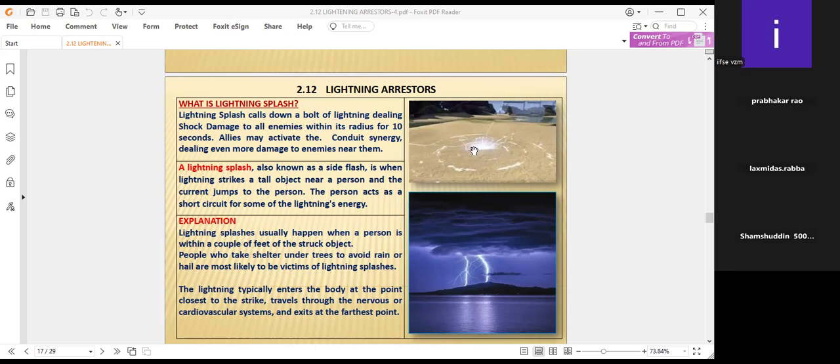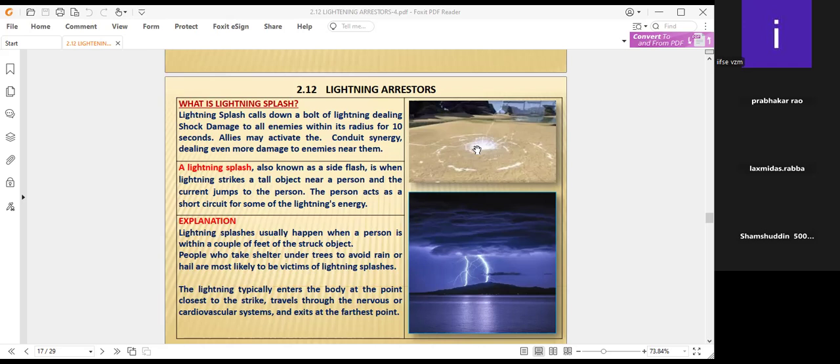It reaches the ground within seconds only. Because the lightning arresters are there, they take the lightning, dissipate the energy and lead the leakage to the earth. That's why the damage will not take place. But in the remote areas, this much radius will be covered depending upon the intensity of the lightning.